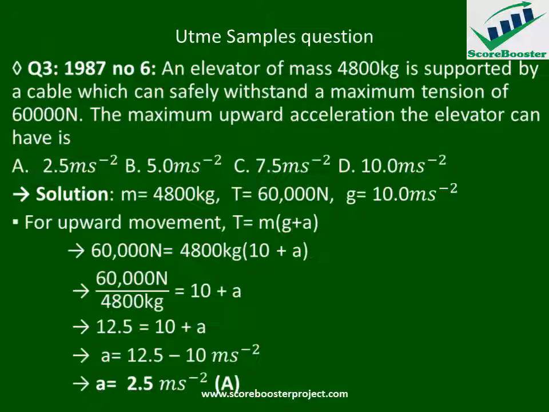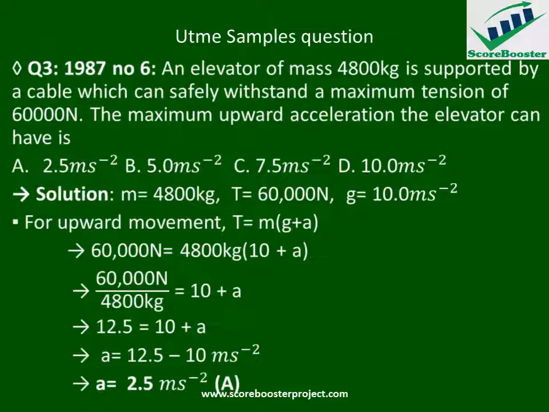The maximum upward acceleration the elevator can have is dash. Then you are given option A to be 2.5 meters per second square. Option B is 5.0 meters per second square. Option C is 7.5 meters per second square. While option D is 10.0 meters per second square.